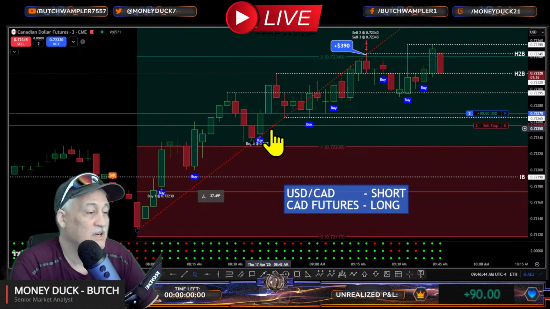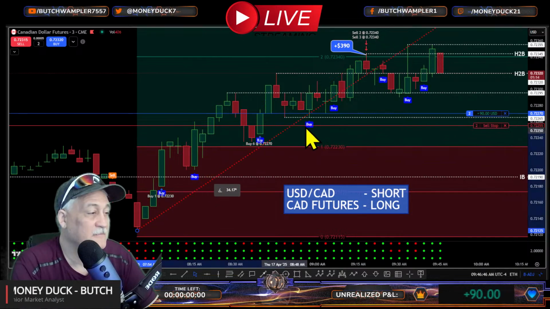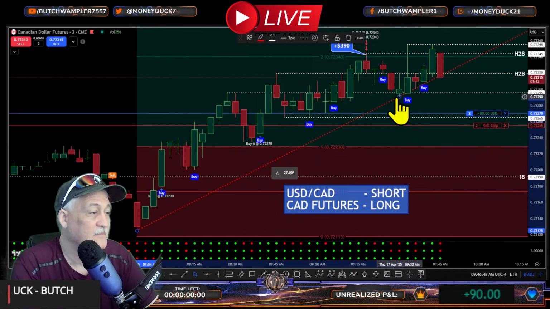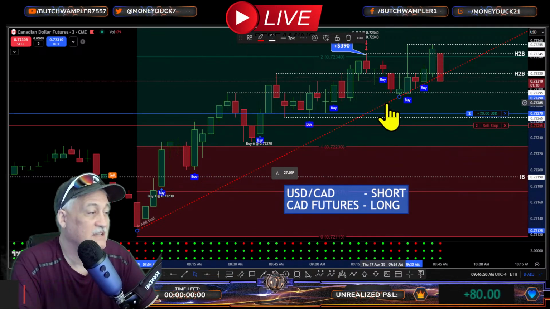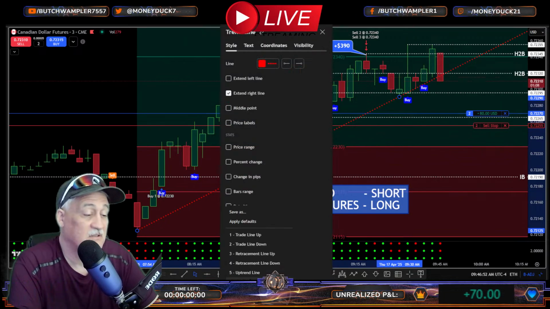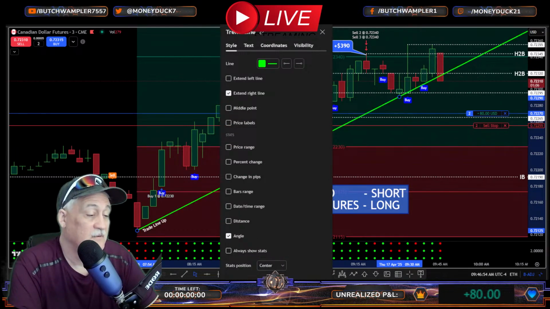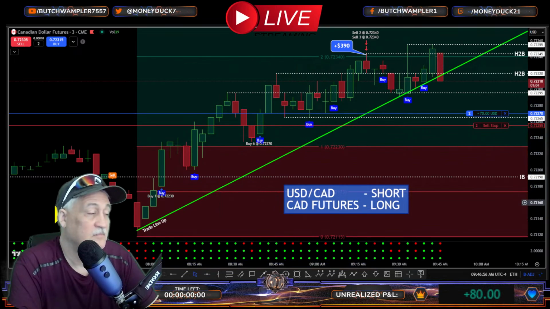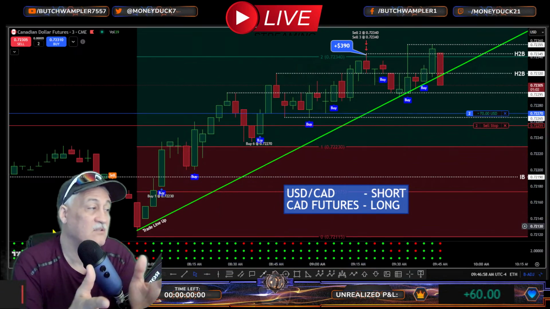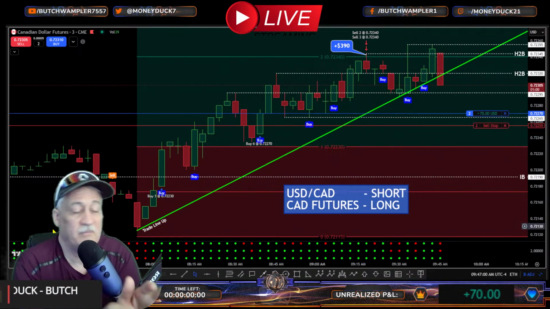So what I would want to do is take this trend line and move it on out, and we're going to wait and see if that gets broken. And it might this candle. Now again, we have to wait for a candle to close. We still have 1 minute left.